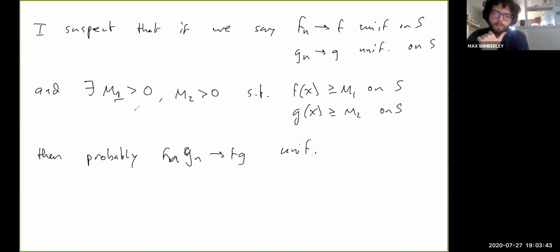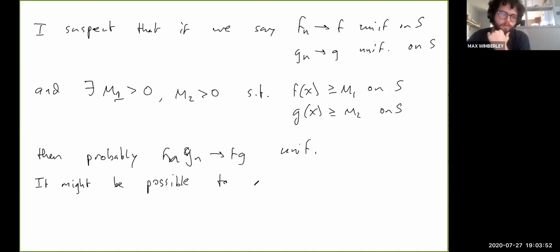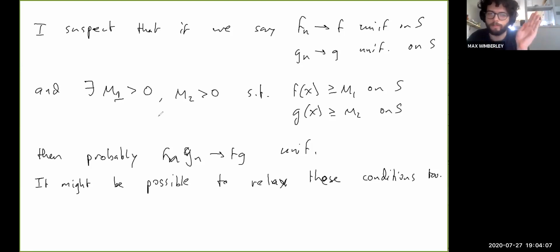You might even be able to relax these conditions too. So this might actually be too strong. Maybe it's actually enough just to require f and g to be strictly positive, which is different, right?